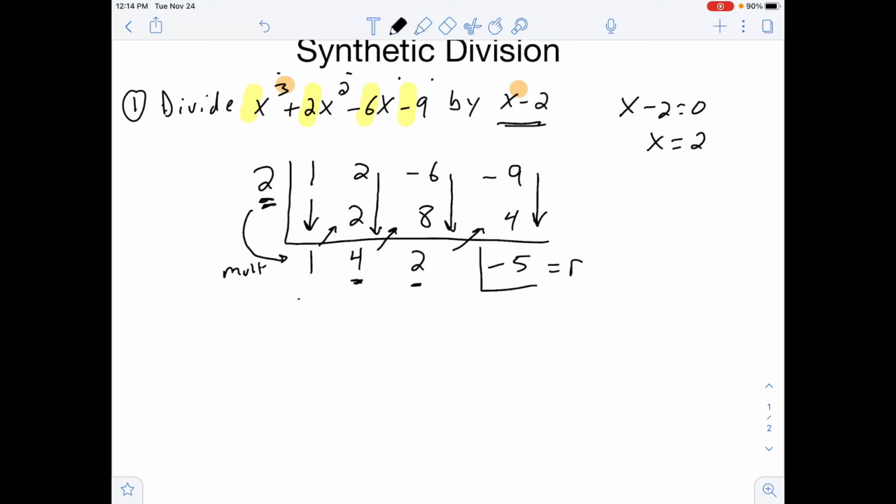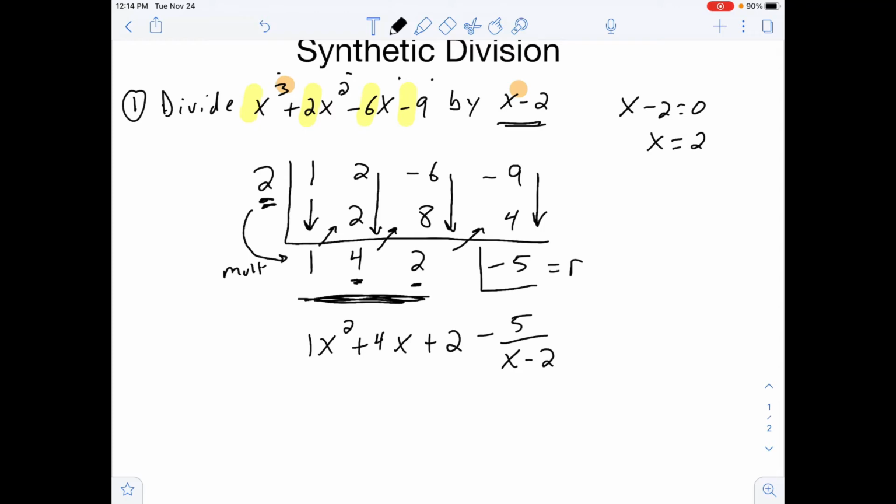So we're going to use these coefficients to rewrite our answer, starting with x squared because we divided the third power by the first power. So this would be 1x squared plus 4x plus 2, and then our remainder, so minus 5 over our divisor.